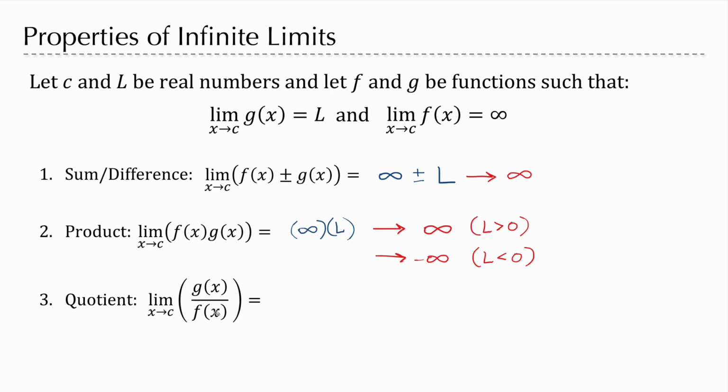But what I want to talk about is when you get infinity in the denominator. So what's happening here is, g of course is going to L, but f is becoming infinitely big. And we've got to discover what's happening. Well, whether you're going to positive or negative infinity, you get the same result. When your denominator gets infinitely big or small, whether in a positive or negative way, you're dividing by more and more and more, right?